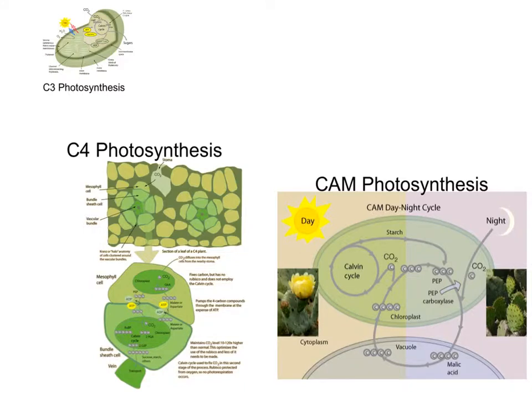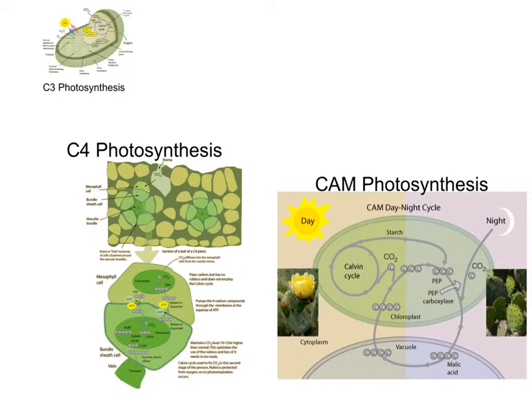Now when you're looking at C4 photosynthesis, the only real difference is the use of a 4-carbon molecule instead of a 3-carbon molecule that you see used in C3 photosynthesis.